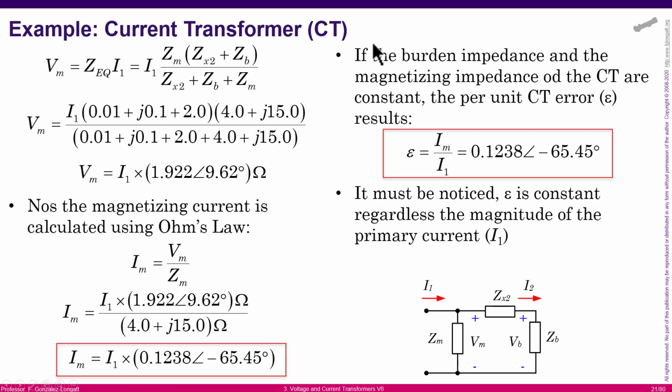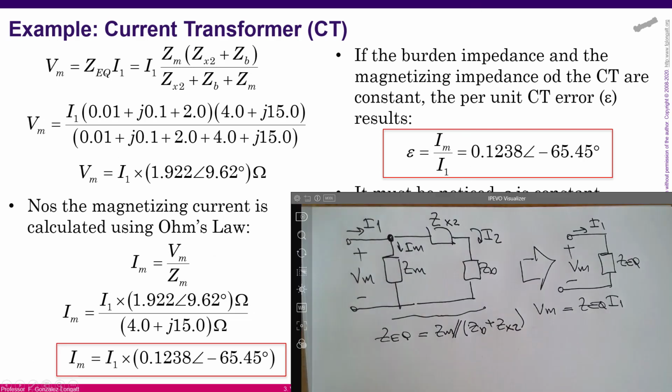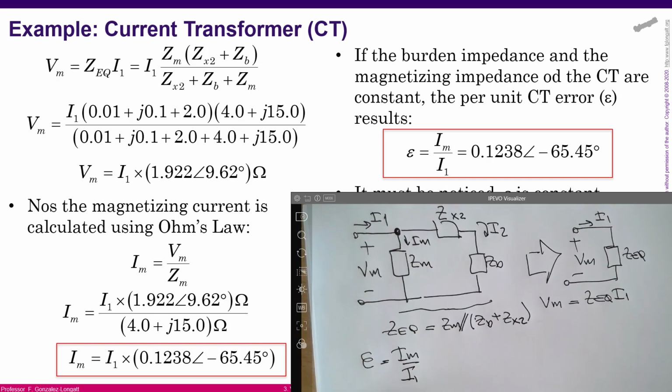If we go back to the definition of per unit CT error, the definition says that it is the magnetizing current divided by I1. From Ohm's law, we can also say that the magnetizing voltage is equal to the magnetizing branch multiplied by the magnetizing current.